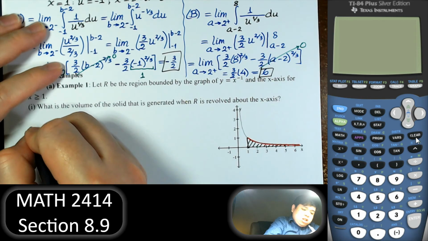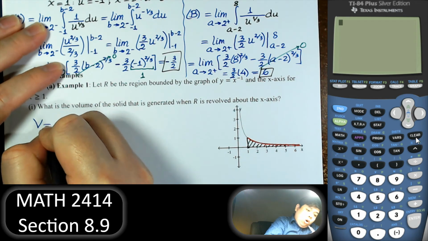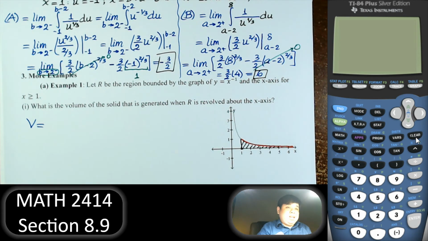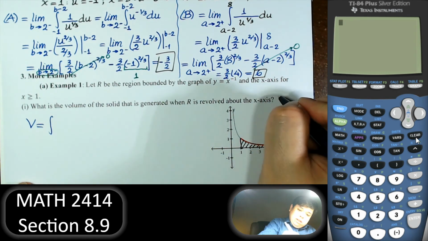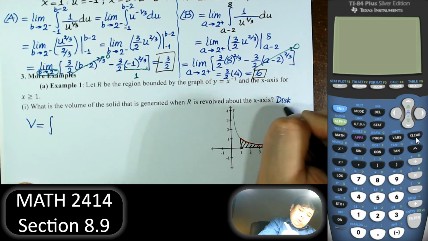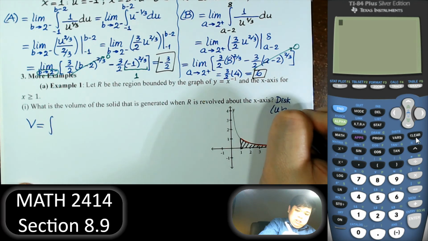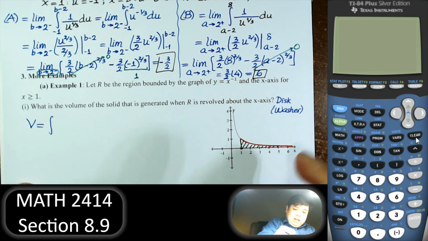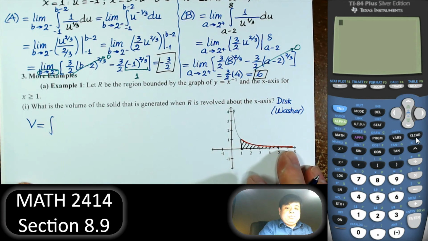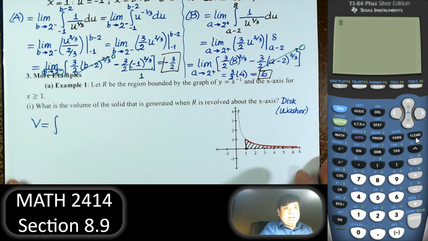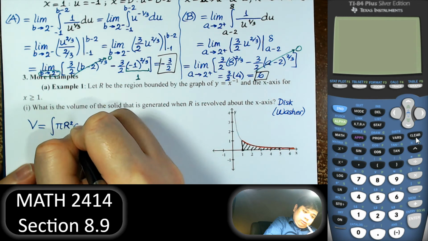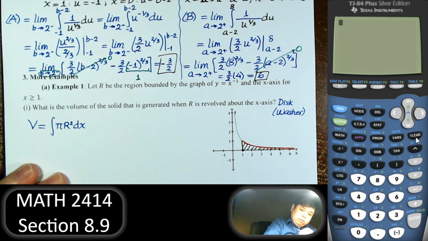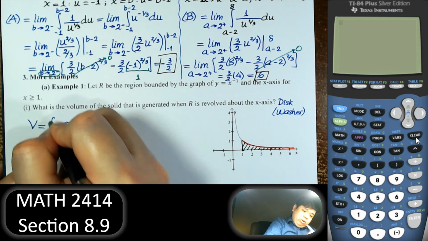So is this the washer method or the shell method? I'm going to use the disk here. Let's use the disk or the washer method. Now the axis of rotation is horizontal, so this is going to be dx. x will go from 1 to infinity.